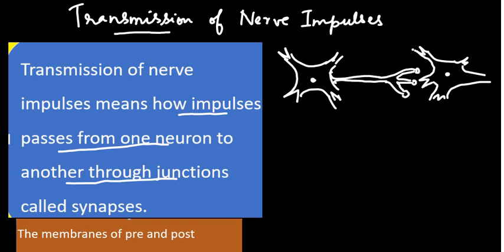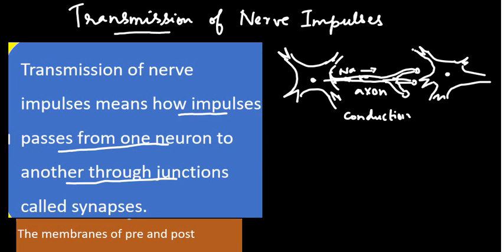Conduction is when the impulses flow through one neuron in the electrical form, that is through transmission of ions, through sodium potassium channels here. So when the electrical impulse passes along the axon, we call it conduction.